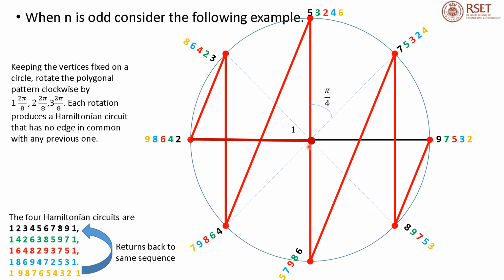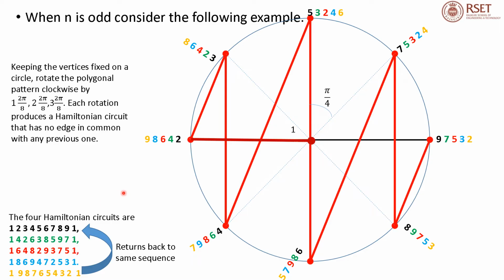Then the next Hamiltonian circuit can be defined like this: 1 to 6, the red letter, then 6 to 4, 4 to 8, 8 to 2, 2 to 9, 9 to 3, 3 to 7, 7 to 5, and then 5 to 1. That gives the third Hamiltonian circuit.